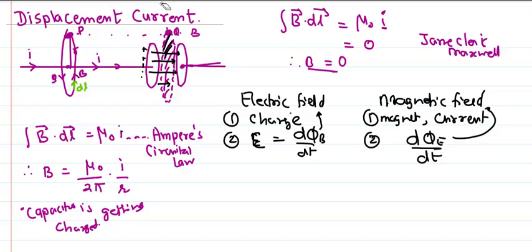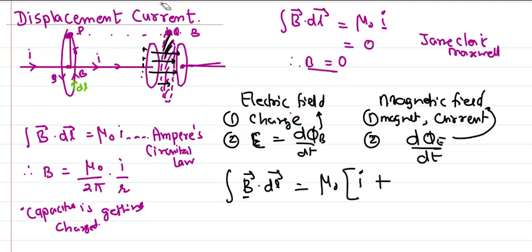So he suggested a change in the formula for Ampere's second law. He said the formula could be written as integration of B dot dl is equal to mu naught I plus, we should have here one more term which brings in change in electric field, because change in electric field also produces magnetic field.